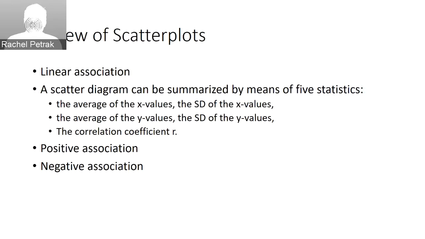The scatter diagram is summarized by 5 essential statistics, and we'll use these statistics throughout our treatment of correlation and regression, so they will continue to be important both for correlation and for our future work in regression and modeling. These are the average of the x values, the average of the y values, and the standard deviation of the x values and standard deviation of the y values.